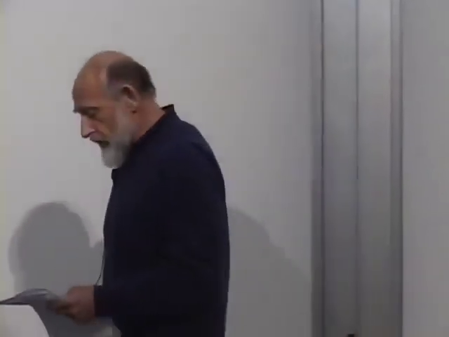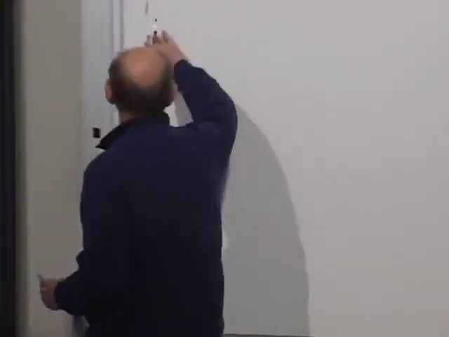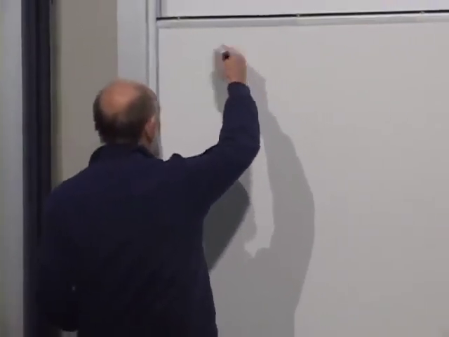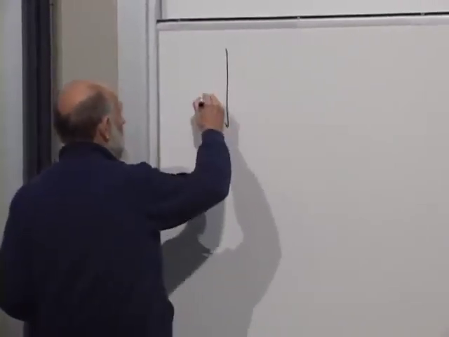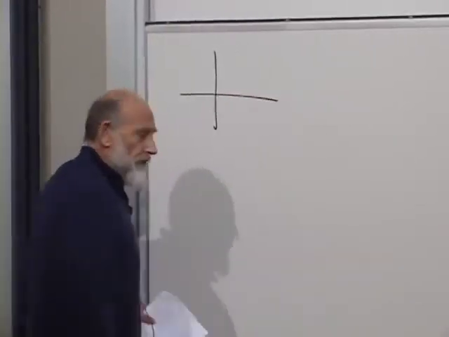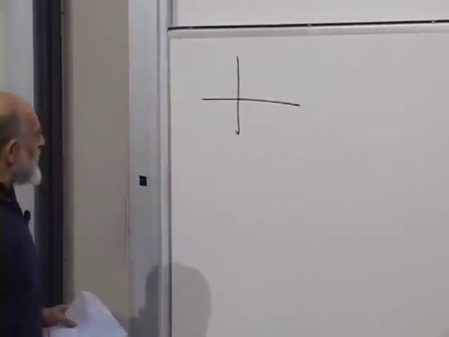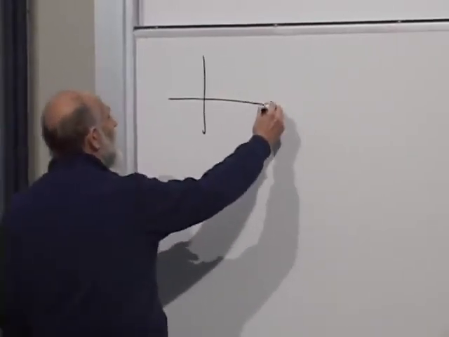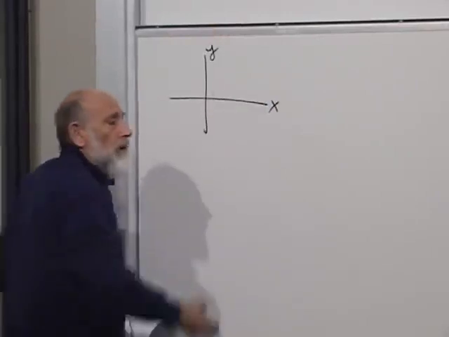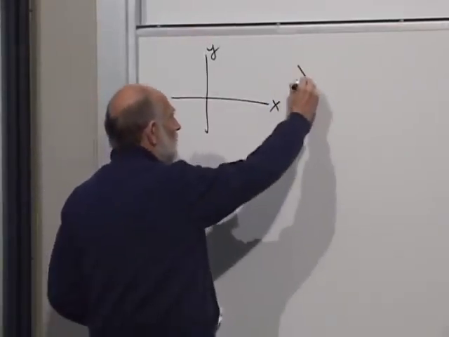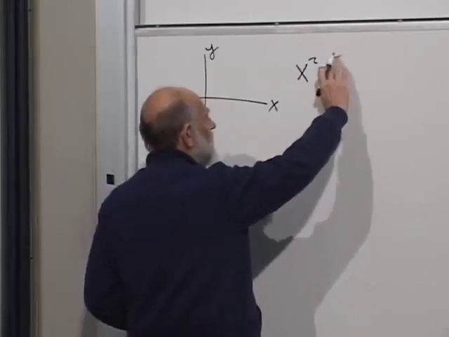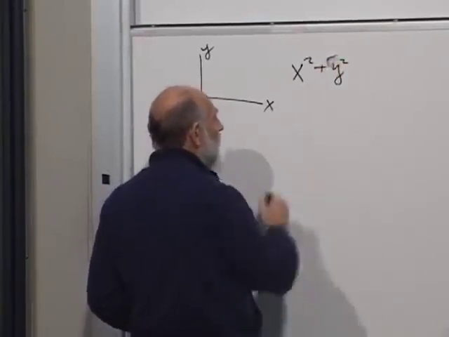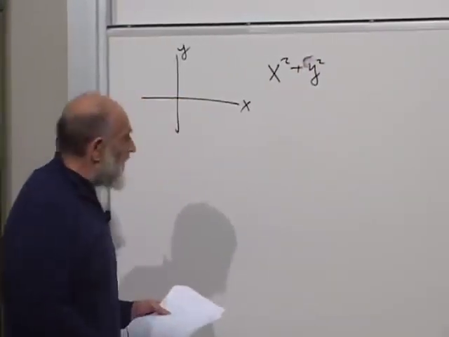A circle is a closed curve that comes back on itself. But an easy way to describe it is to just embed it in two dimensions, to start with a two-dimensional space, x and y, and just write the equation for a circle: x squared plus y squared equals r squared in general.